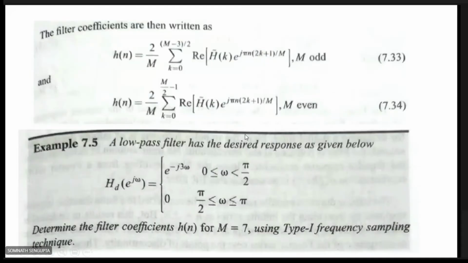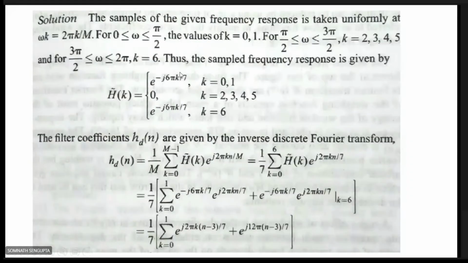So we can use e to the power minus j6 pi k by 7, where M is 7, and k values range from 0, 1. So we get e to the power minus j6 pi k by 7.